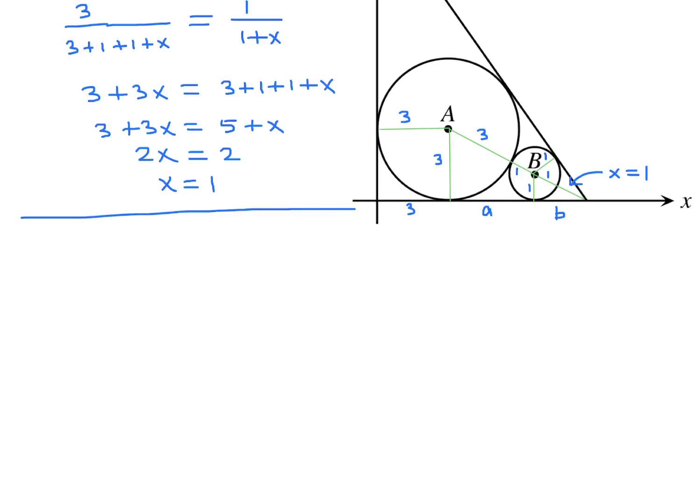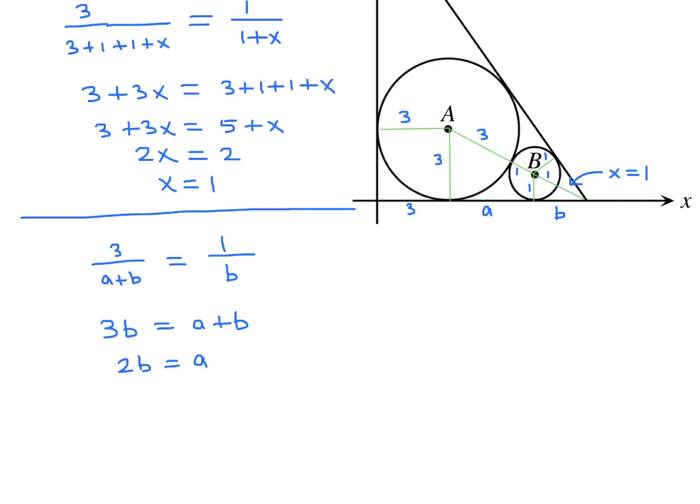So for the big one, it's 3 over A plus B, like that. And for the small one, it's 1 over B. Okay? So cross multiply, you get 3B is equal to A plus B, and therefore 2B is equal to A.